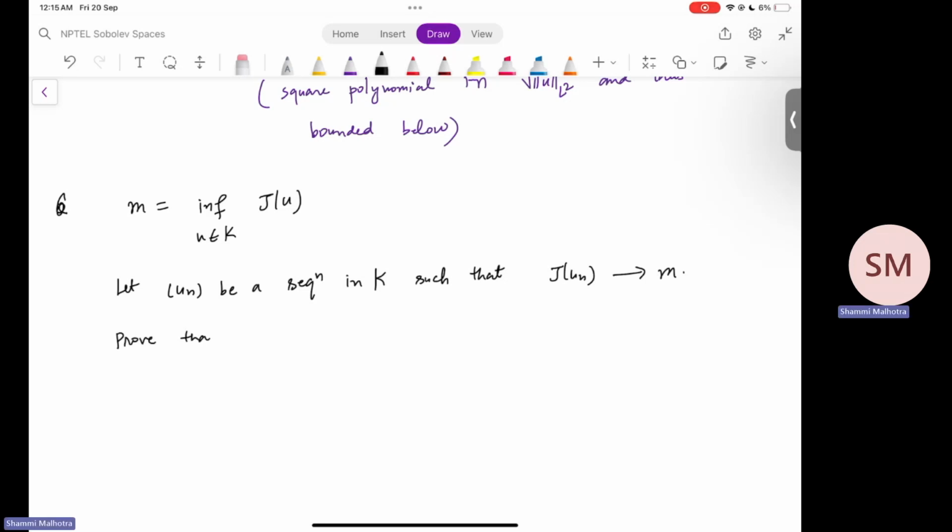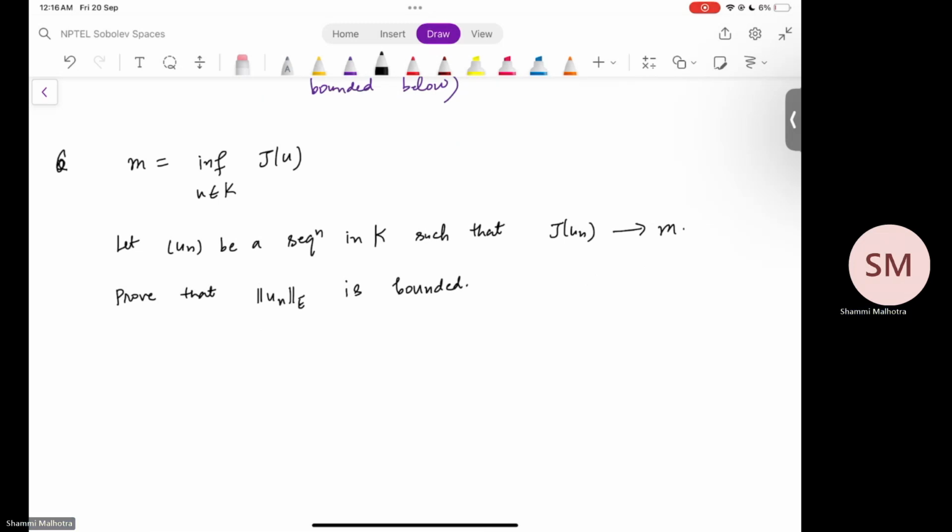Prove that u_n in E is bounded. So that's the first step: we are getting the boundedness of our sequence u_n in E.